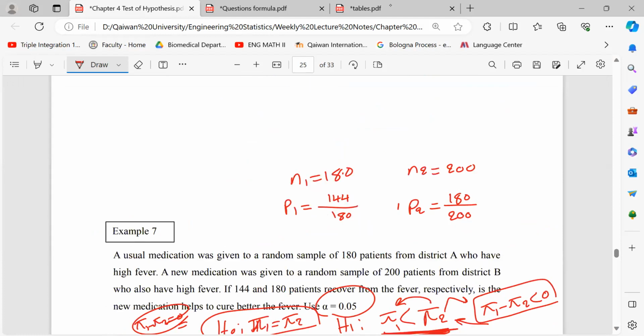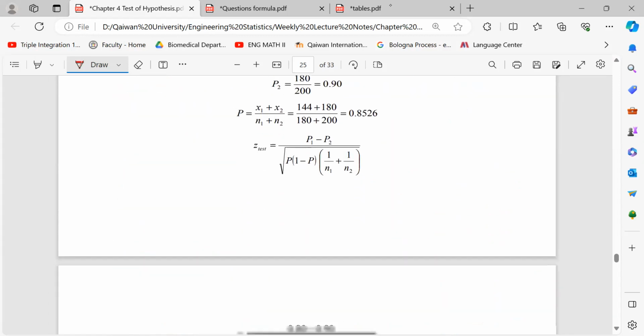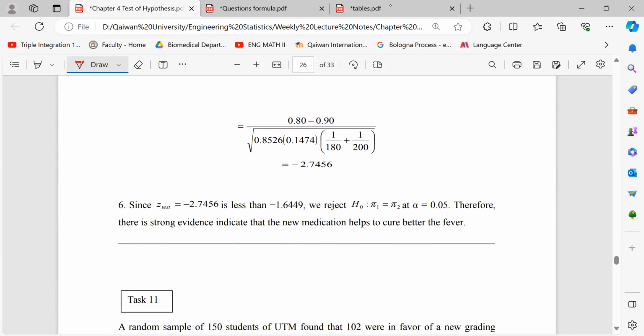So here, this could be x1, x2, and little n1 is 144. Little n2 is 180. These are little n1 and little n2. And then we could calculate and we get this value.